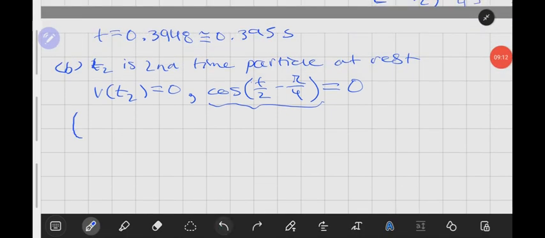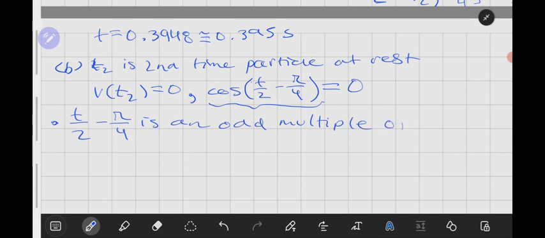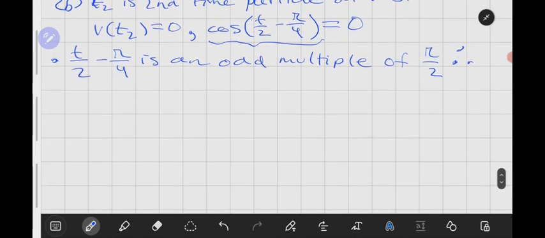Okay, so doing that, we know that our function will only be 0 when t over 2 minus pi over 4 is an odd multiple of pi over 2. Therefore, we can create the statement that t over 2 minus pi over 4 must equate to this.